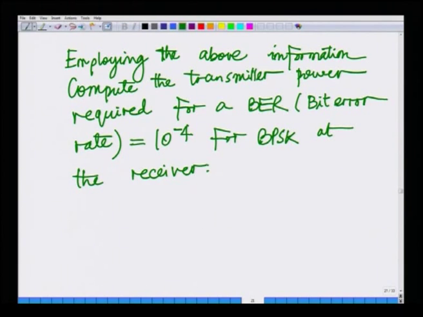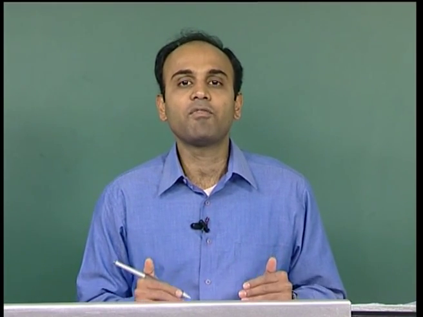So, what is being asked is obvious, though this is a long problem statement. We have been given information about a list of items, and we are being asked, in this wireless cellular system, to compute the transmit power required at the transmitter or the base station, such that at the receiver I have enough signal to noise power ratio so that I can decode BPSK transmission at a bit error rate of 10 power minus 4.